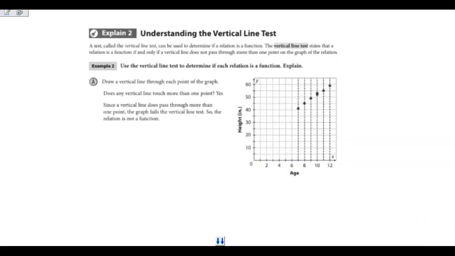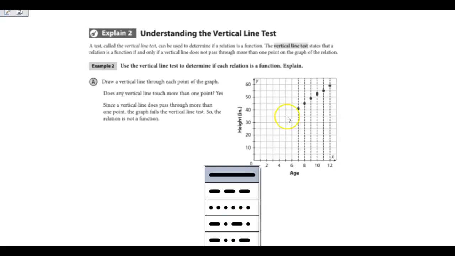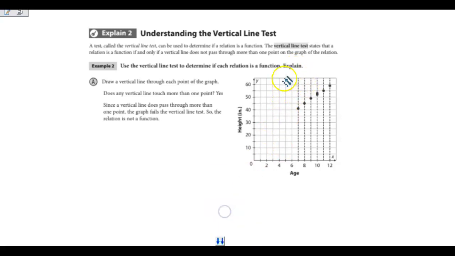Okay, here we're talking about the vertical line test. We've done that previously, but we'll go through it again. If I were to do the vertical line test, and I'm coming down, I see that there's only 1 point per line, and so that's telling me that for each input there is exactly one output.